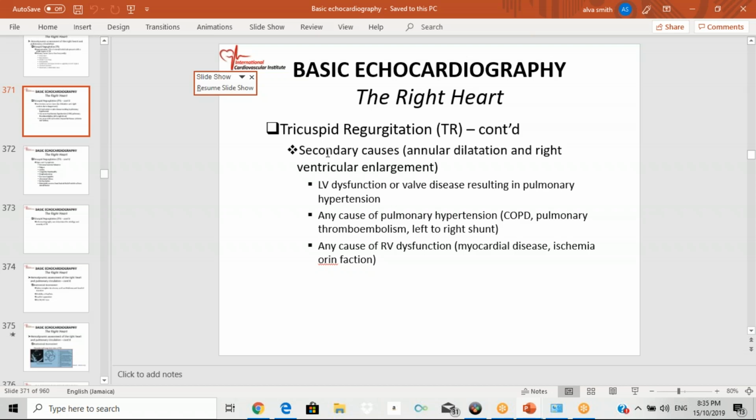So when we talk about tricuspid regurgitation, of course we get blood flowing from the RV across the tricuspid valve into the right atrium.